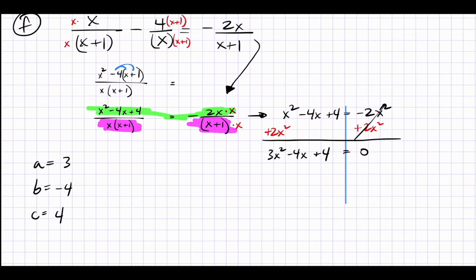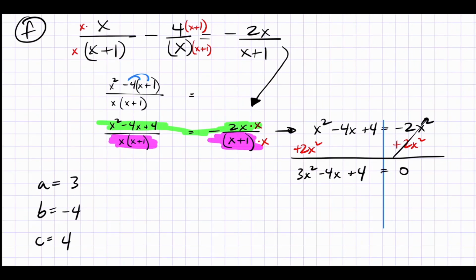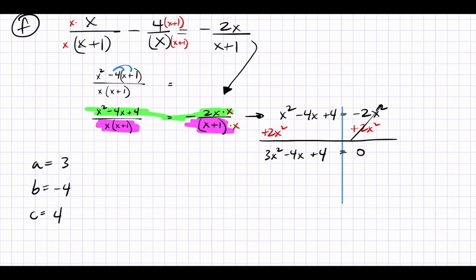When you distribute. -4. Let's see. When you distribute. Oh, yeah. I see it now. This should be a -4. Thank you. When I distributed here and here, I forgot to change the sign to negative.